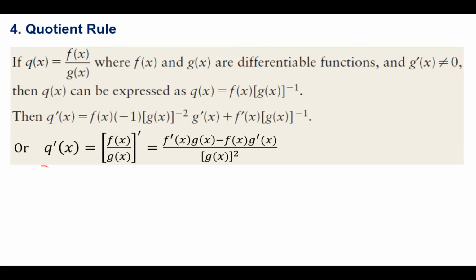The derivative of q(x) equals a ratio: the numerator is the derivative of f(x) times g(x) minus f(x) times the derivative of g(x), over g(x) squared. This is called the quotient rule, okay?